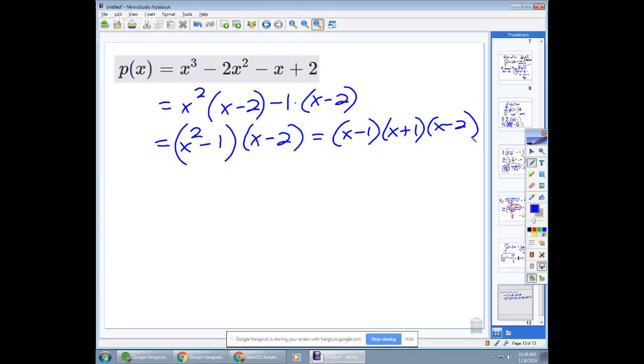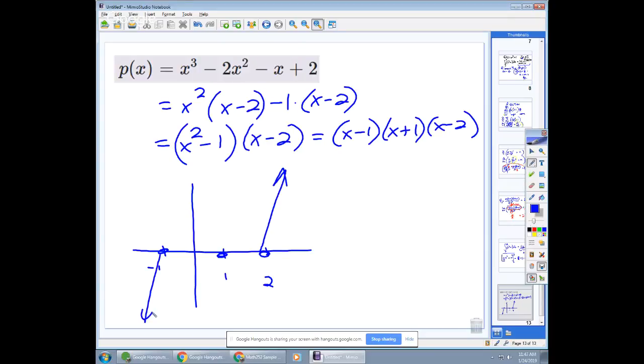So graphing this, I have zeros at 1 and -1 and 2. Since it's a positive x cubed, it's got to go up on that side and down on that side. So it's got to have humps in between.